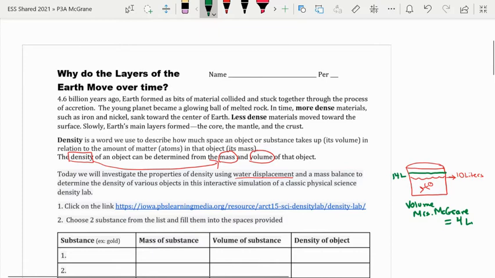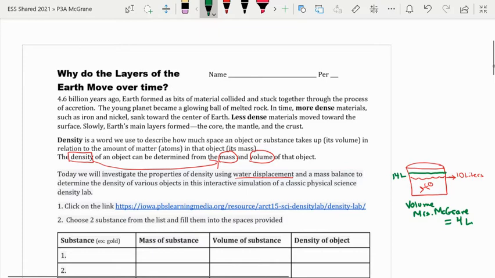Because the water raised up, it was displaced. My body was in there pushing the water out of the way so that my body fit, and that raised the level of the water. So that's how you figure out the volume of an irregular object like me, or my phone, or this remote control. Okay, so that's how we do water displacement.